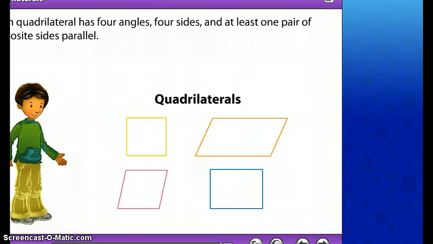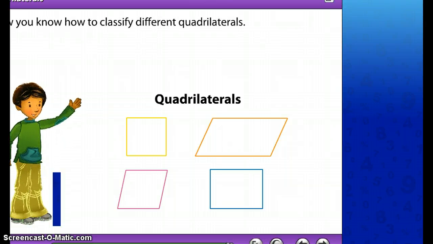Maybe there's only one set of parallel sides, that's fine. Maybe there are 2 sets of parallel sides, that's fine. But all quadrilaterals have at least one set of parallel sides. Now you know how to classify different quadrilaterals.